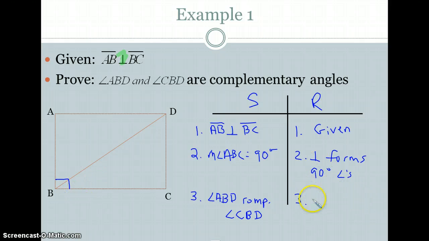So my reason for this is that complementary angles form 90 degrees. So I took my two smaller angles, ABD and CBD, and together they gave me ABC, which was my 90-degree angle.